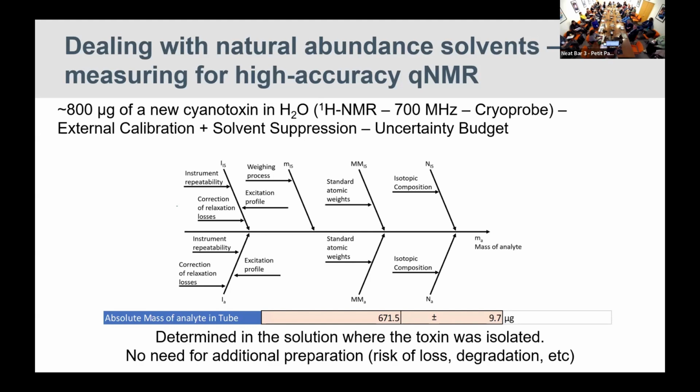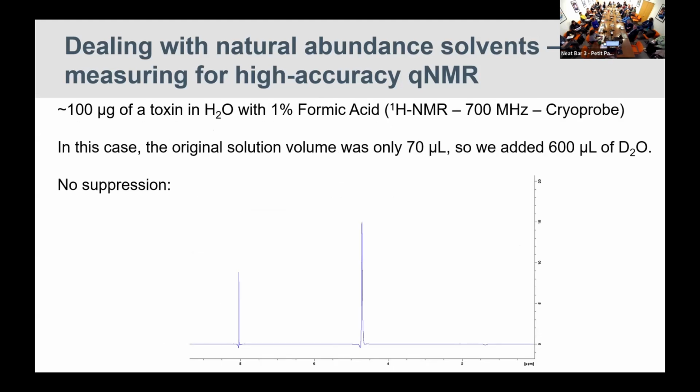But then what if we have even worse cases where we have something like 100 micrograms of a toxin in water, and now because we are isolating this using semi-prep or prep HPLC, we can also have mobile phase additives here, such as formic acid. So this is what we got for another toxin where we have 1% formic acid here.